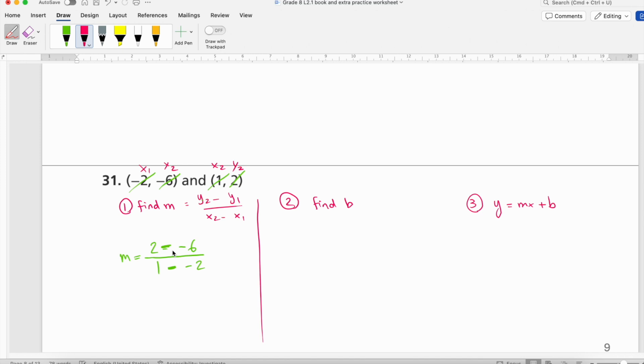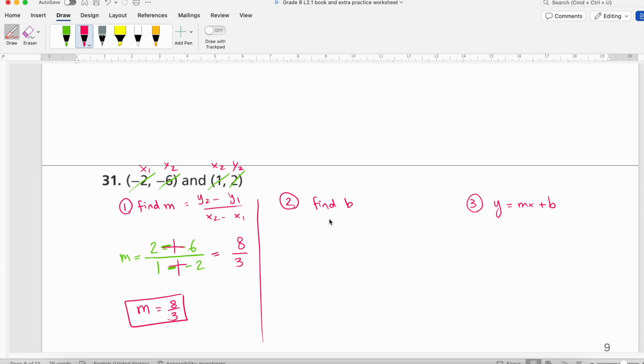Now negative with negative will give me positive. 2 plus 6 is 8, 1 plus 2 is 3. So m equals 8 divided by 3, it's going to be 2 point something. Just leave it as 8 over 3.